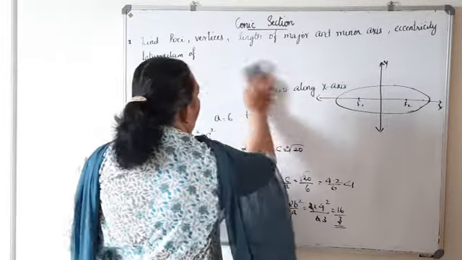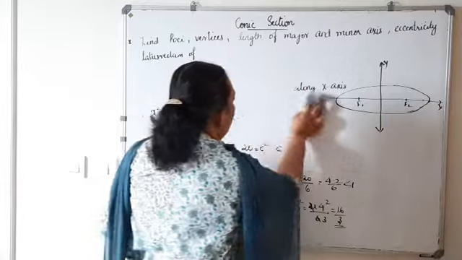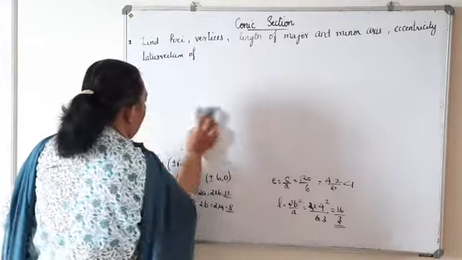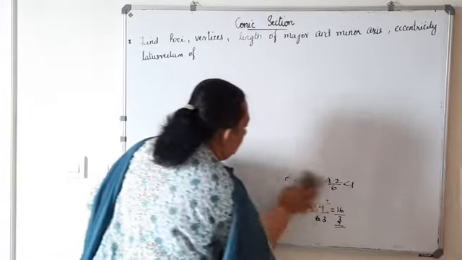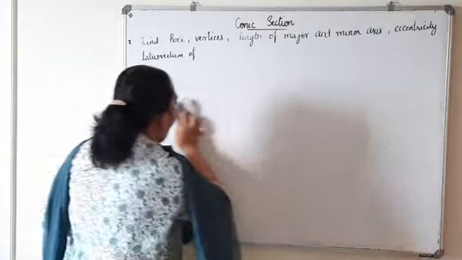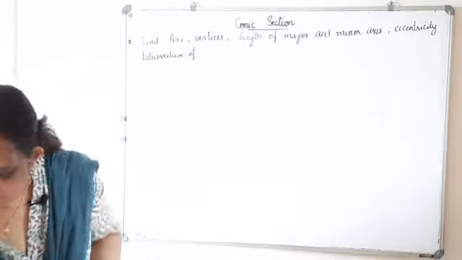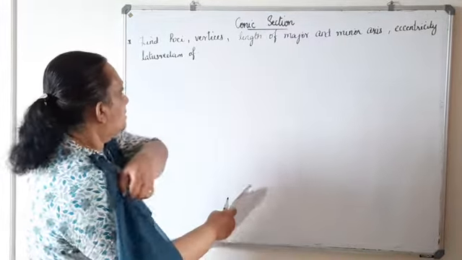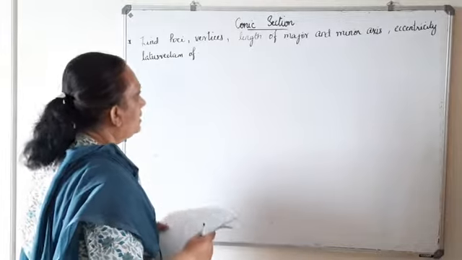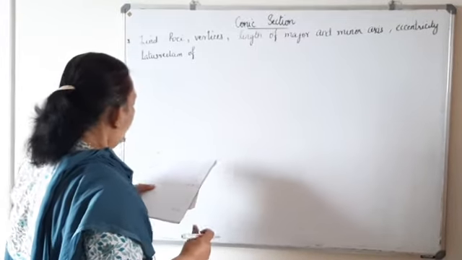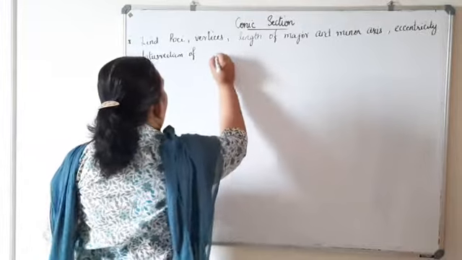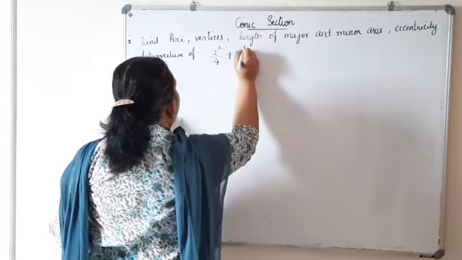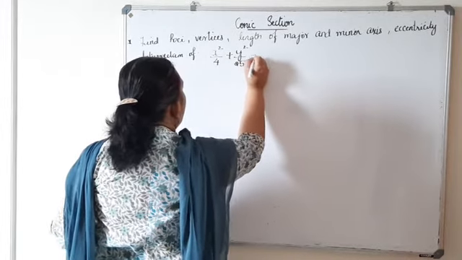Now next question. Find the foci, vertices, length of major and minor axis, eccentricity, latus rectum of x squared by 4 plus y squared by 25 is equal to 1.